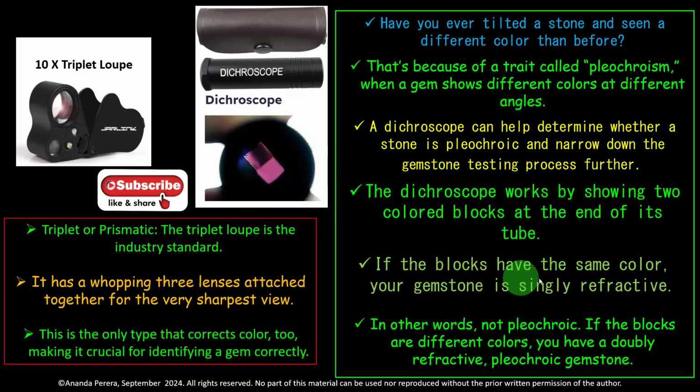If the blocks have the same color, your gemstone is singly refractive, in other words, not pleochroic. If the blocks are different colors, you have a doubly refractive pleochroic gemstone. Very simple tool. It is the dichroscope. Now you know the 10x loop and the dichroscope.